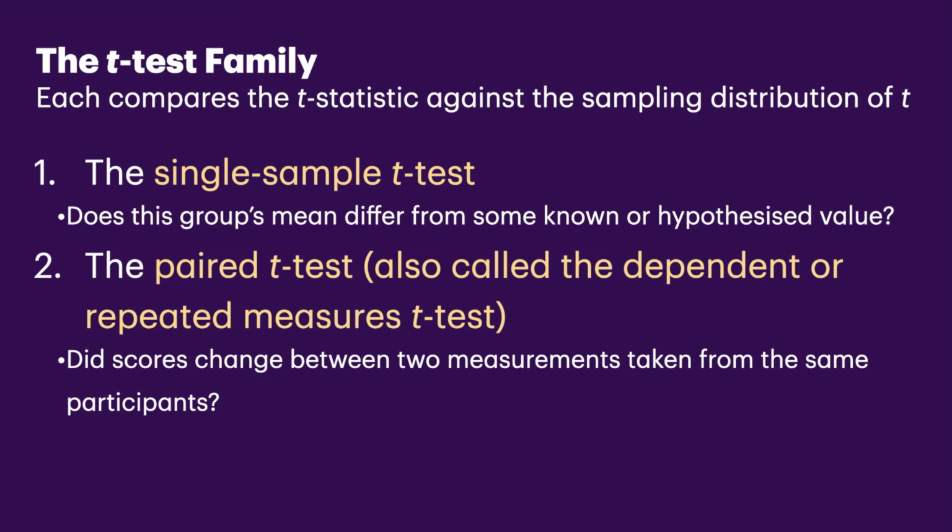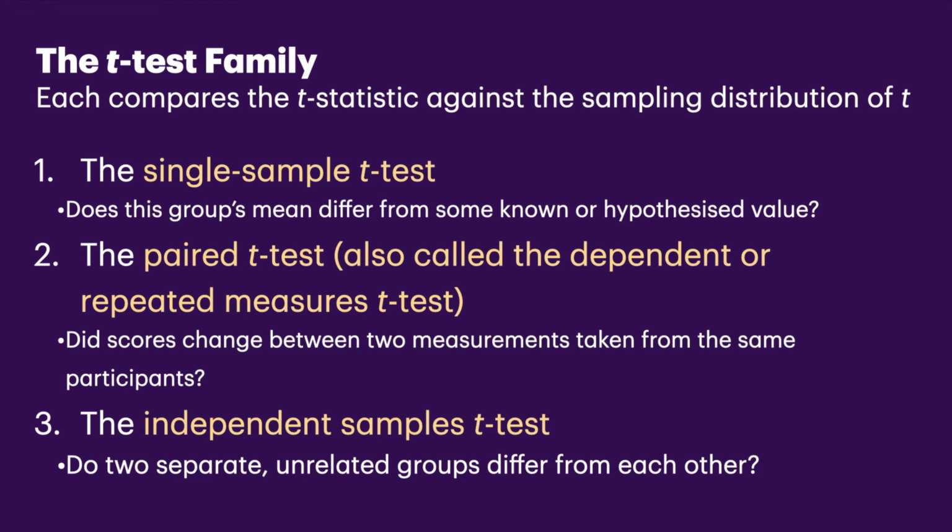The paired t-test, also called the dependent samples or repeated measures t-test, asks, did scores change between 2 measurements taken from the same participants? And the independent samples t-test asks, do 2 separate unrelated groups differ from each other?